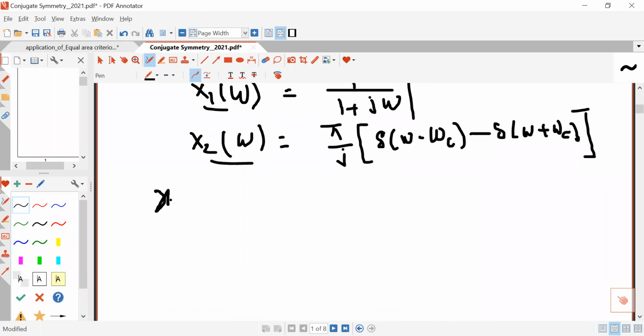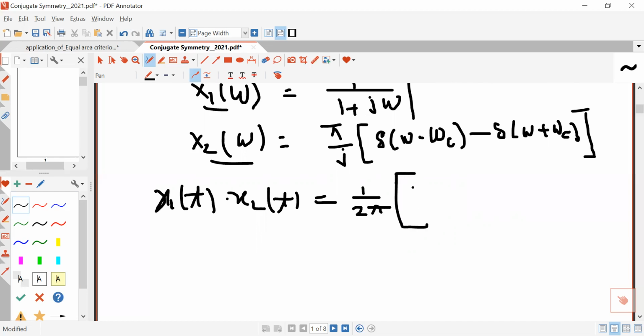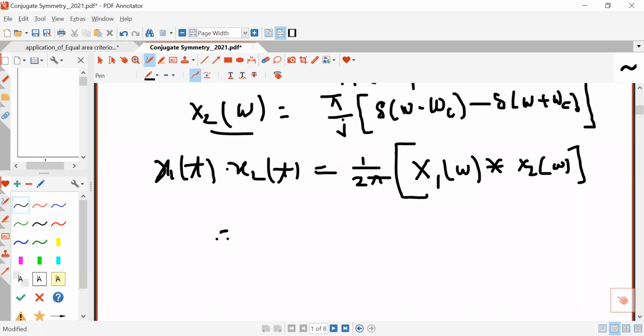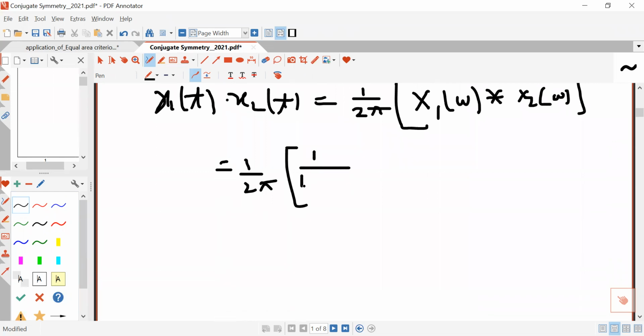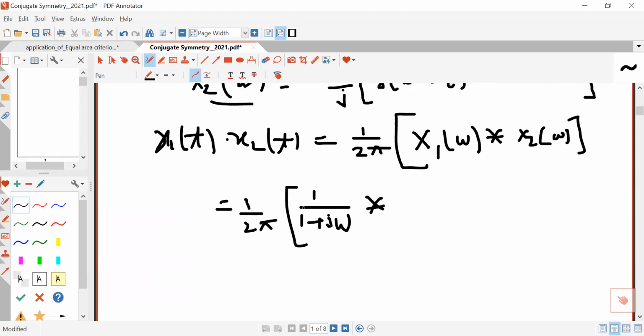So, the Fourier transform of x1(t) into x2(t) will be 1 by 2 pi X1(omega) convolution X2(omega), and it will be equal to 1 by 2 pi, where X1(omega) is 1 by 1 plus j omega, and convolution X2(omega) is pi by j.